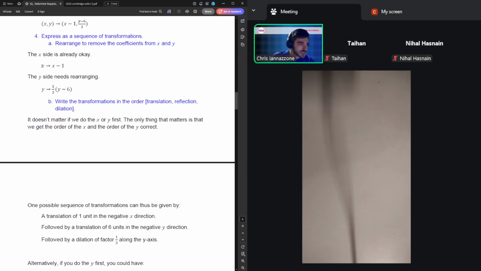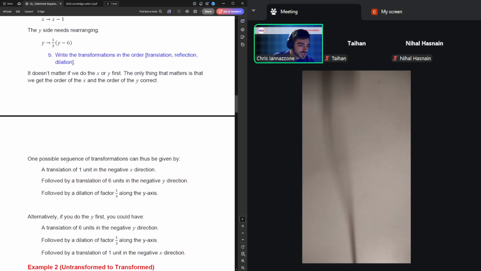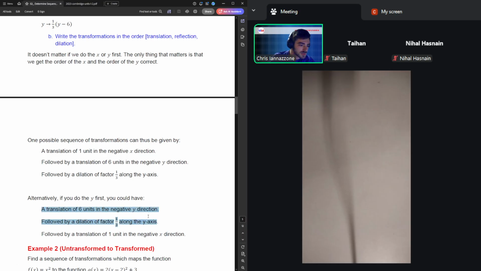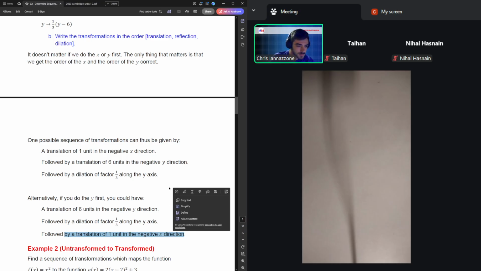One thing worth pointing out is that the x and y are independent of each other. So you can do translate, reflect, dilate on y, then translate, reflect, dilate on x, if you wanted to do it that way. Like for instance, here I've done the y transformations, followed by the x transformations, because they are independent of each other.